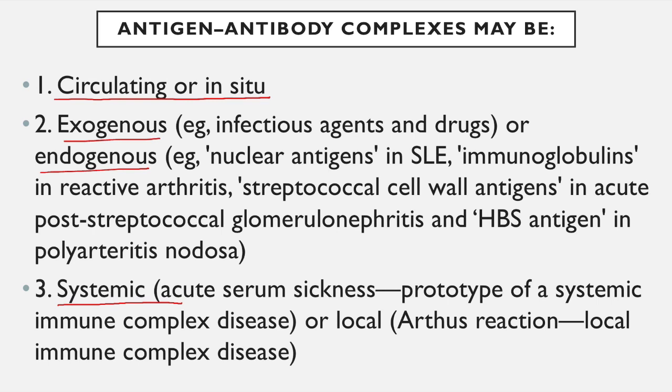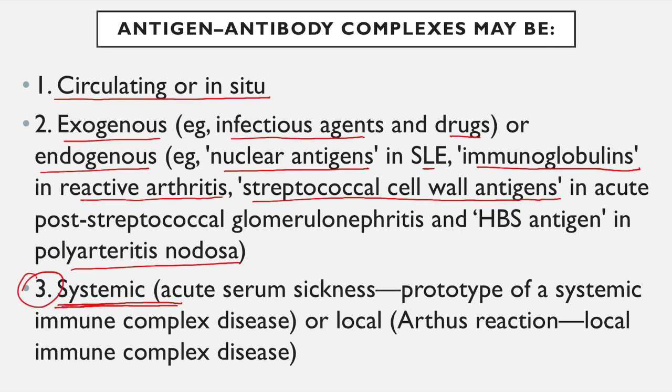First of all, circulating or in situ, that is circulated within the blood. Exogenous may be infectious agents and drugs. Endogenous complexes are nuclear antigens in SLE, immunoglobulins in reactive arthritis, streptococcal cell wall antigens in acute post-streptococcal glomerulonephritis, and HBs antigen in polyarteritis nodosa.